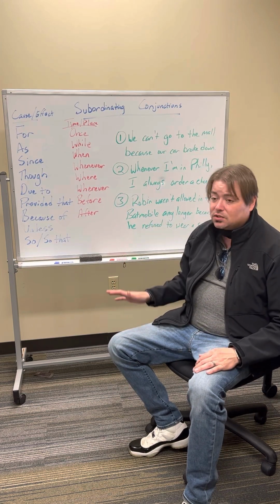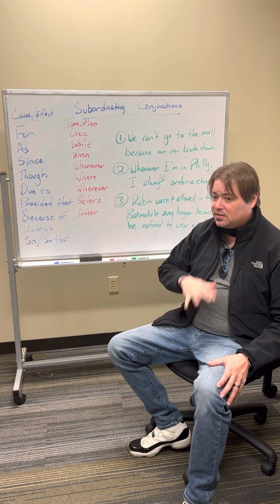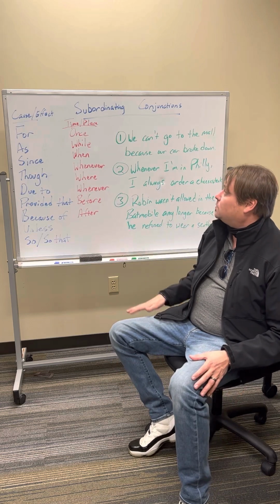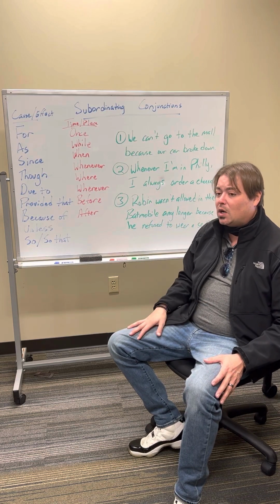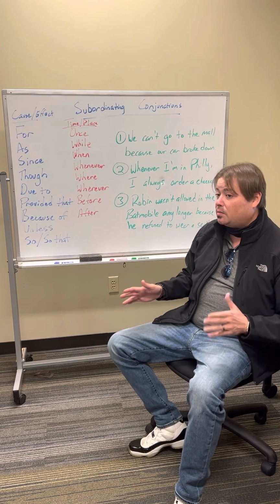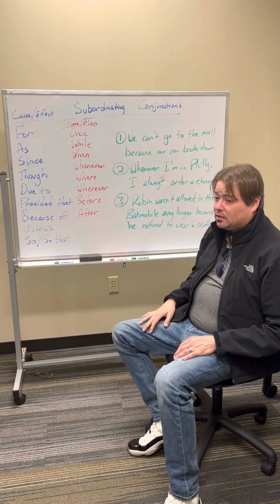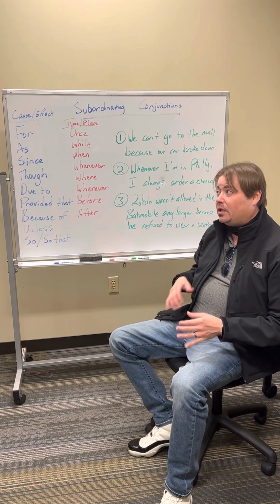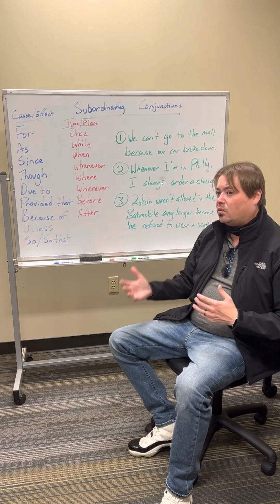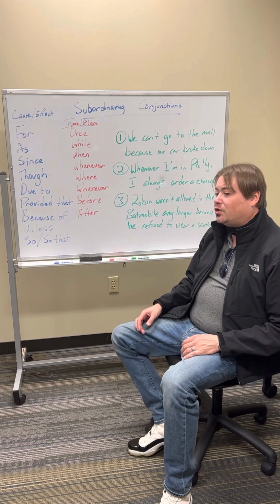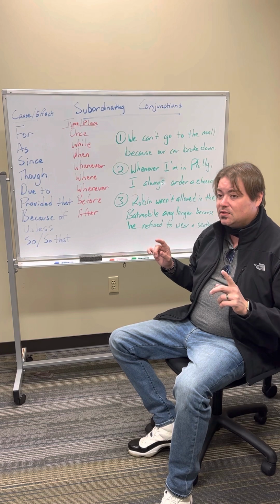So subordinating conjunctions, there are a lot more of them than just 7. And we'll get to that in just a second. But the main difference between a subordinating conjunction and a coordinating conjunction is that while coordinating conjunctions have 2 independent clauses joined by the conjunction, a subordinating conjunction can appear in various places in the sentence, usually the very beginning or the middle, but you're dealing instead of with 2 independent clauses, both of which could be their own sentence.